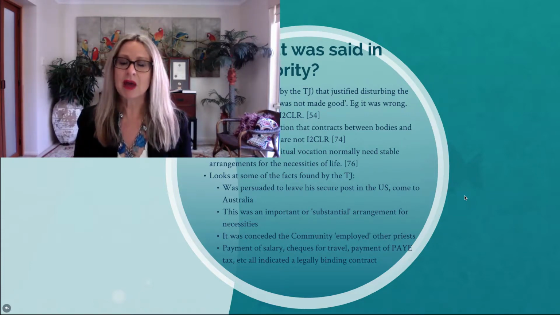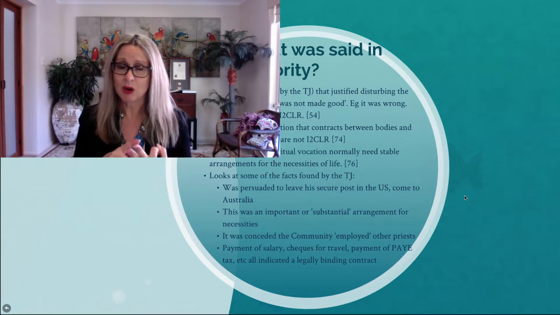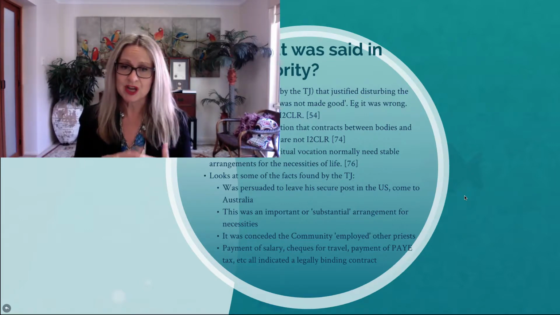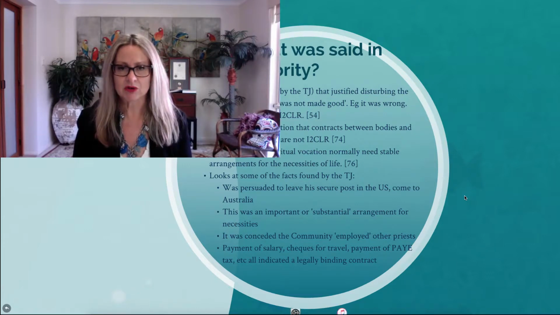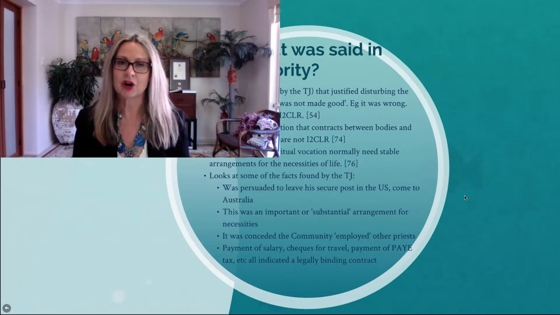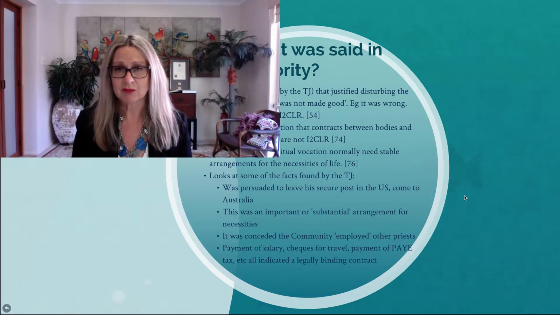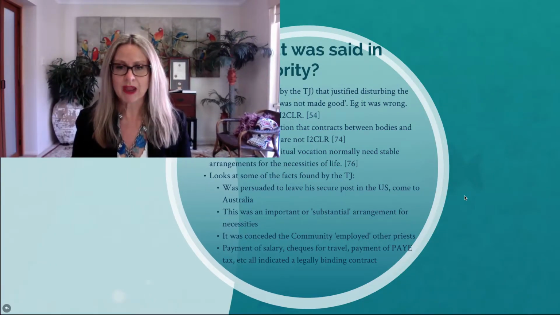Other things like payment of salary, payment of checks for travel, the arrangement for payment of PAYE tax and what was stated on the tax forms, all of these things tended to indicate a legally binding contract. And very importantly, it's all couched in terms of what the trial judge came up with, and that should never really have been unpicked by the full court of the SA Supreme Court.